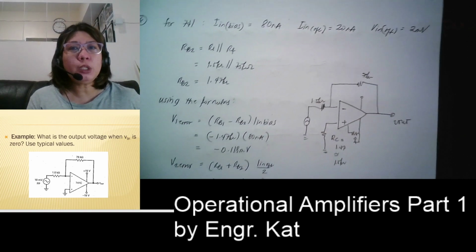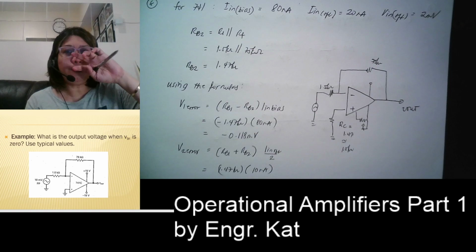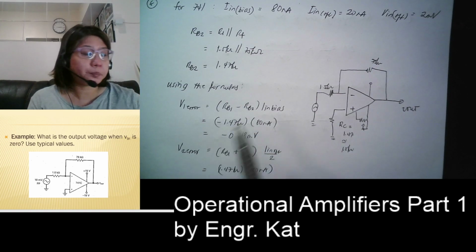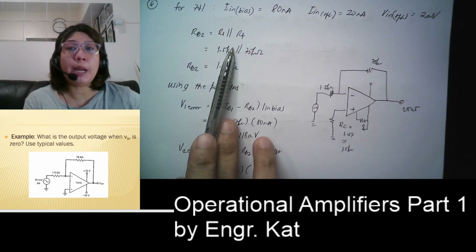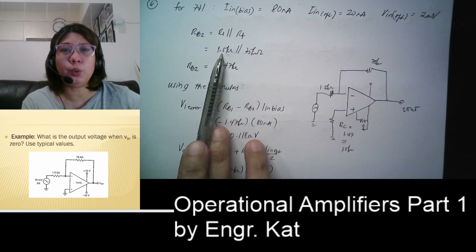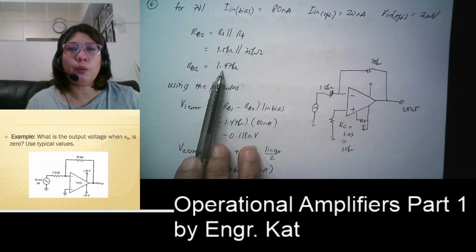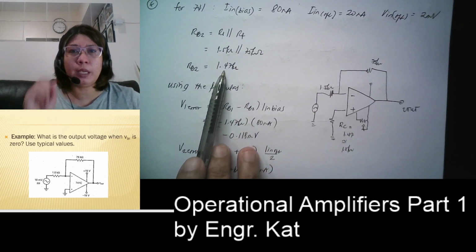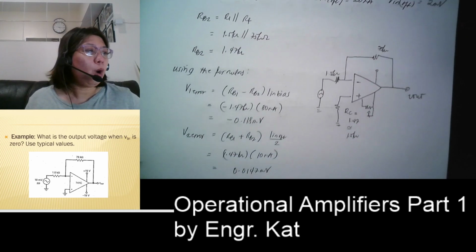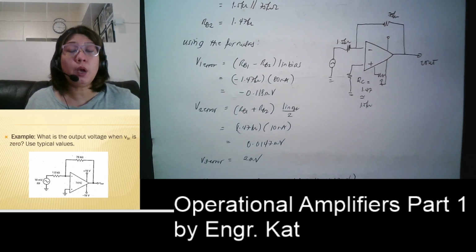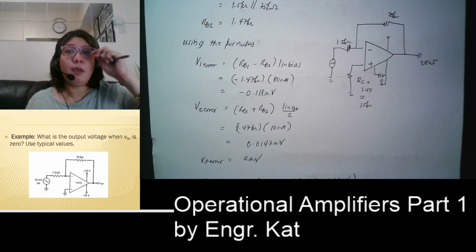Okay, so first we need to solve for your RB2. Okay, so first our RB2 is equivalent to R1 parallel our RF. Okay, so that is 1.5 kilo ohms parallel 75 kilo ohms, and that is equivalent to 1.47 kilo ohms. Okay, so all we have to do is to compute this using our given formulas.